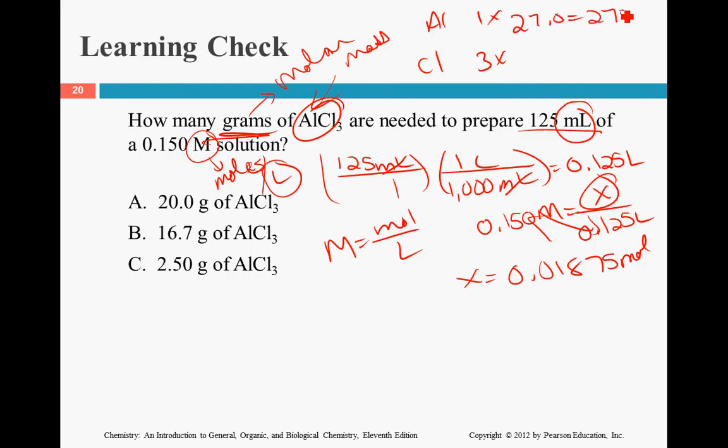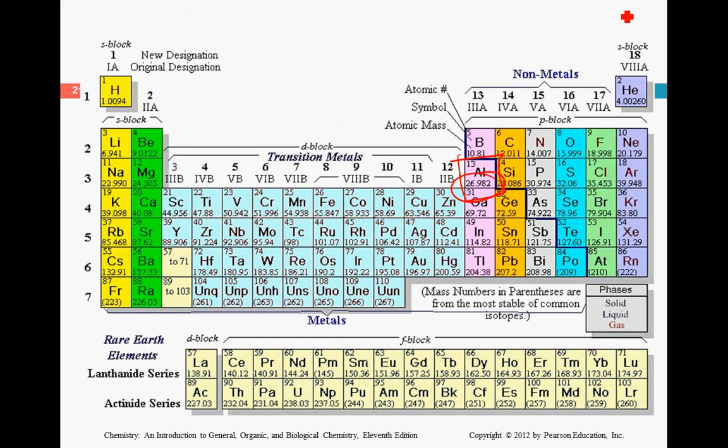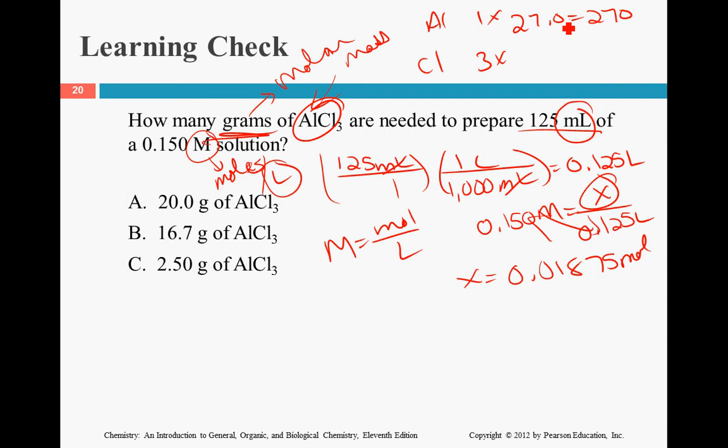And then chlorine is right here, 35.45, rounded up, 35.5. So 3 times 35.5 comes out to be 106.5. We're going to add those together.